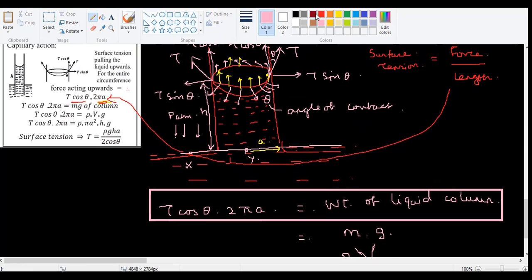So take it down. Maybe I missed it, so I need to update it. Weight of liquid column in capillary rise.